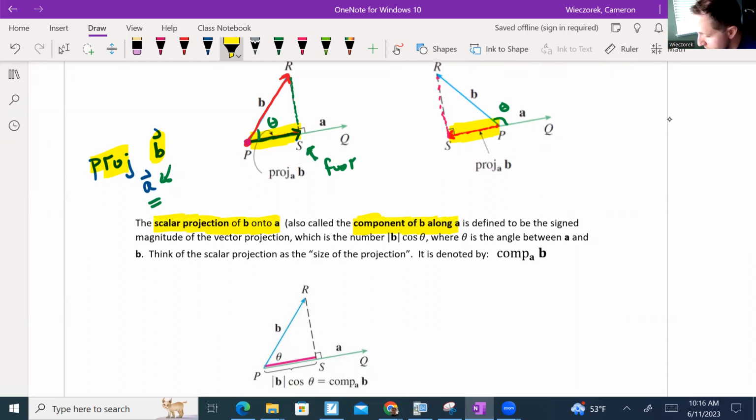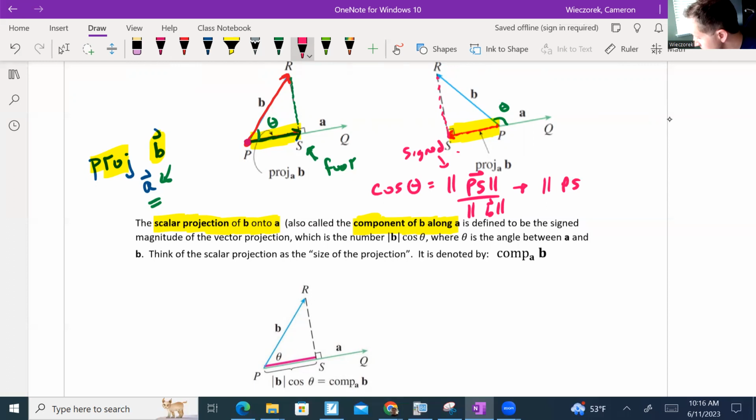Using a little trigonometry, the cosine of theta is going to be the magnitude of the vector PS over the magnitude of B.